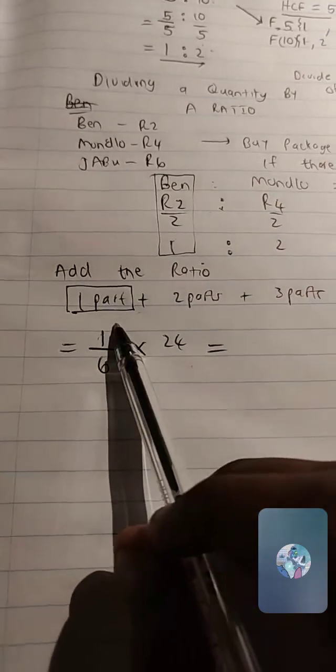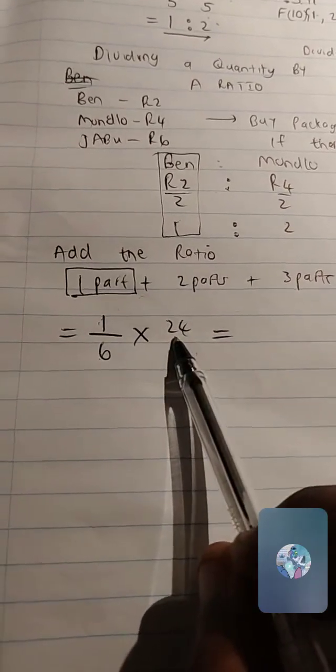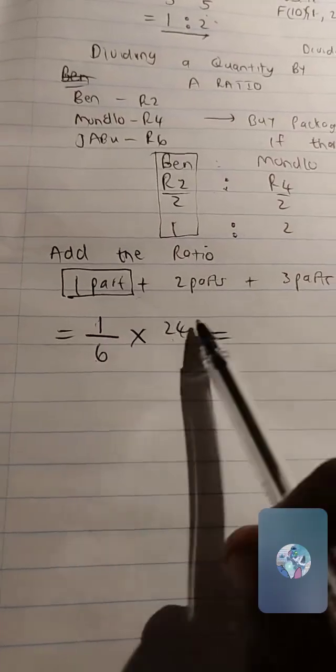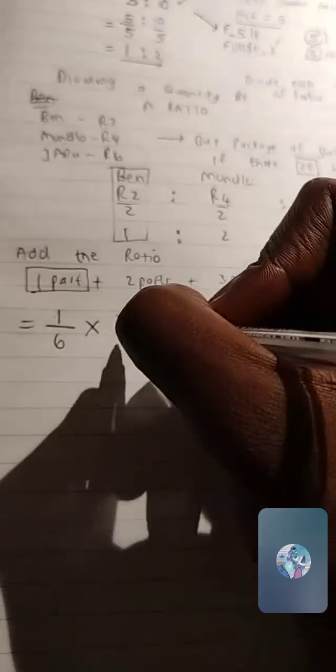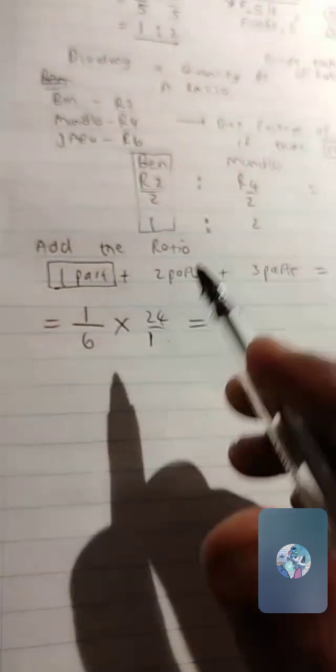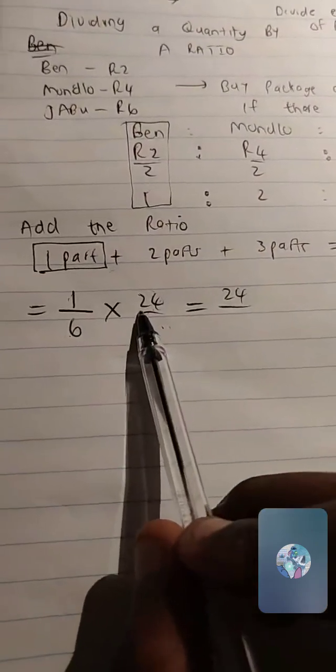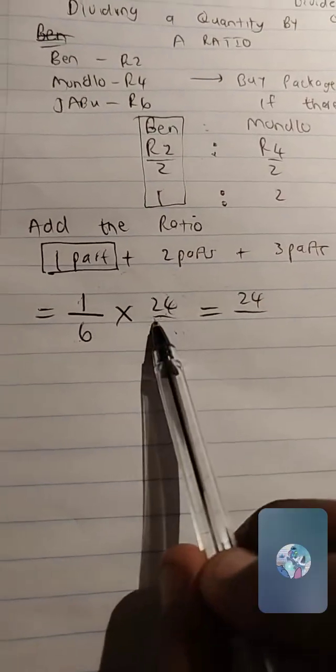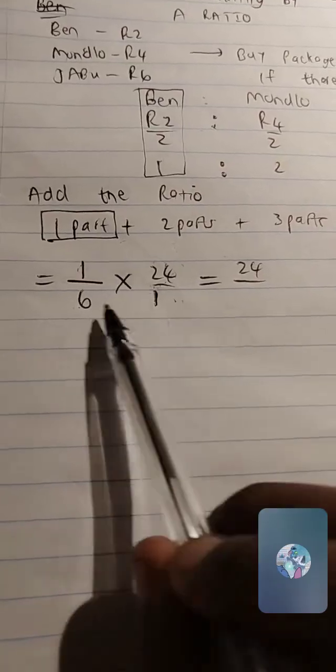So 1 over 6 times 24. 1 times 24 is 24 in the numerator, 6 times 1 in the denominator, because remember 24 can be written as 24 over 1. Any number can be written as a fraction, that number over 1. So 6 times 1 is 6.